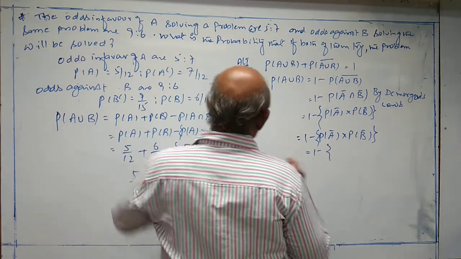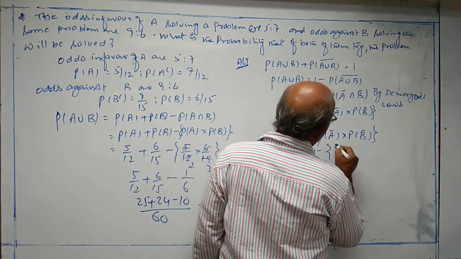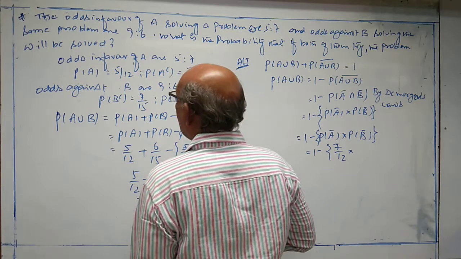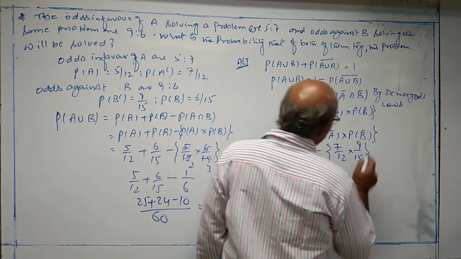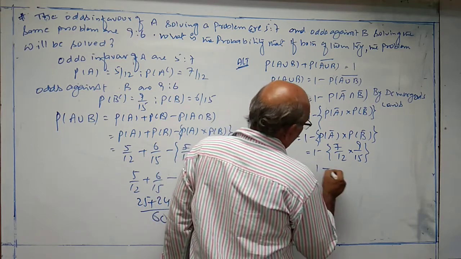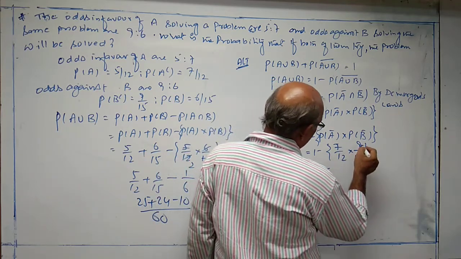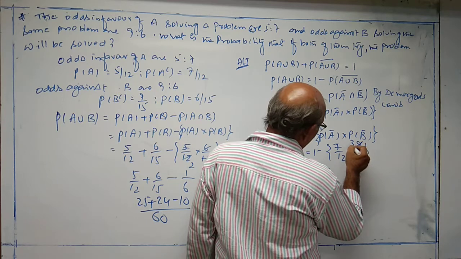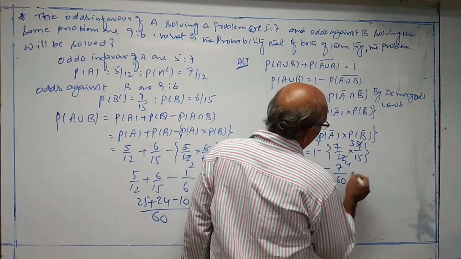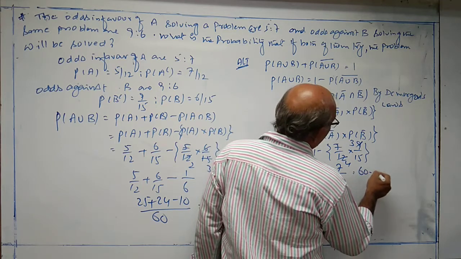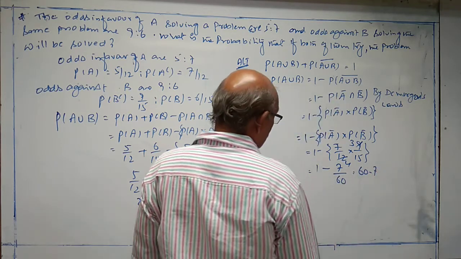A complement is equal to 7 by 12 into B complement is equal to 9 by 15. So 1 minus, 3 will go 3 times, 3 will go 4 times, 7 divided by 60. 60 minus 7.